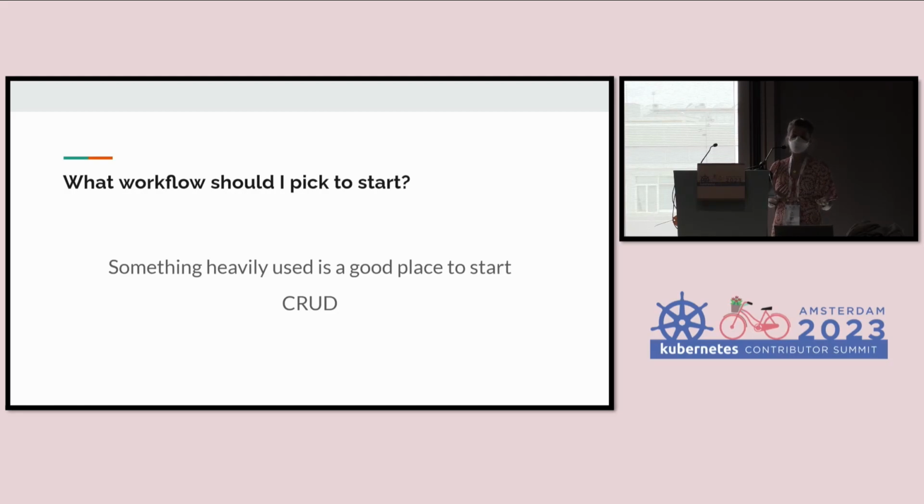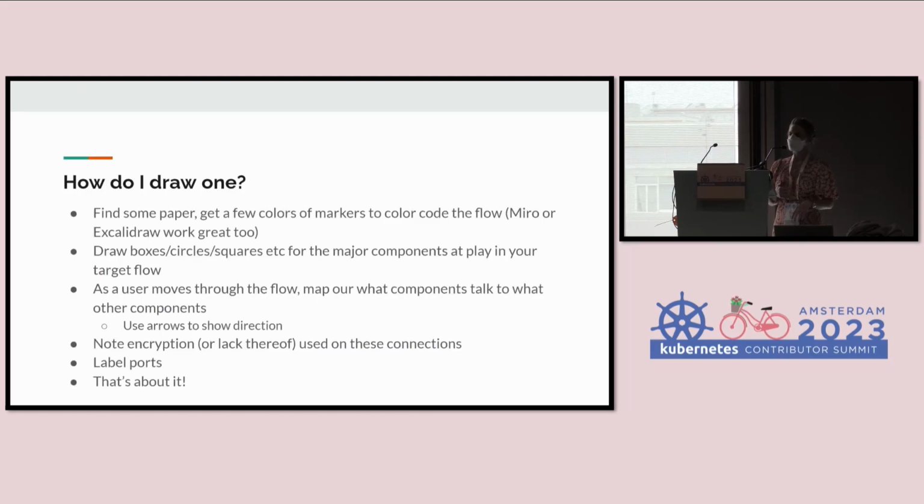I think that's awesome because that probably happens hundreds, if not thousands of times per day. That's definitely a workflow that is very heavily used and potentially exploitable. So that's a good place to start. As you're thinking about what workflow you want to target, just pick something simple that gets used a lot. All right, so then how do you draw one?